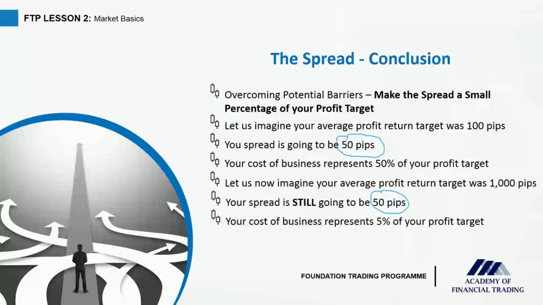So that's what we prefer to do. We prefer to have a higher profit target in order to have a lower proportional cost. And this is something that you'll see in action next week when we go onto the platform itself, where we talk about our trading methodologies, when we look at things from that technical perspective.